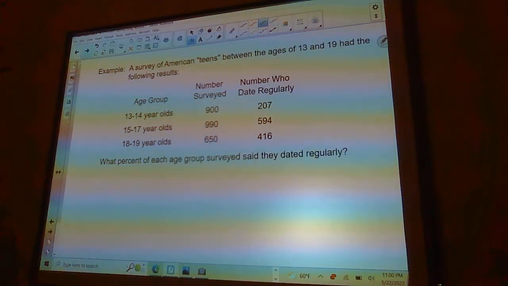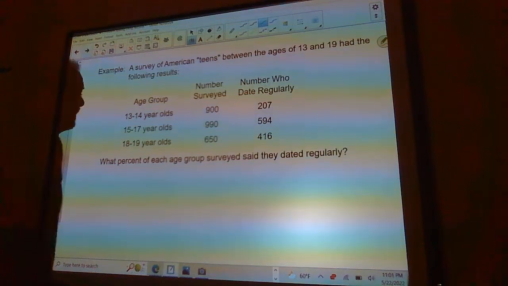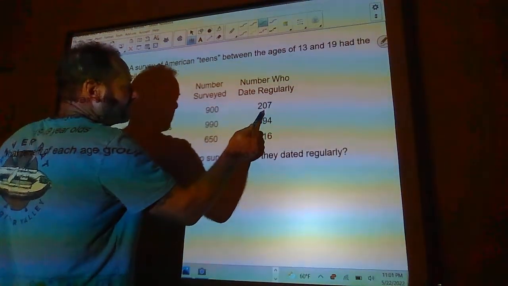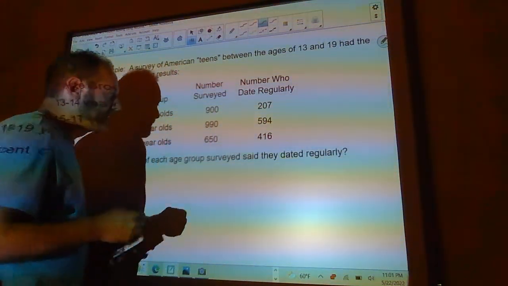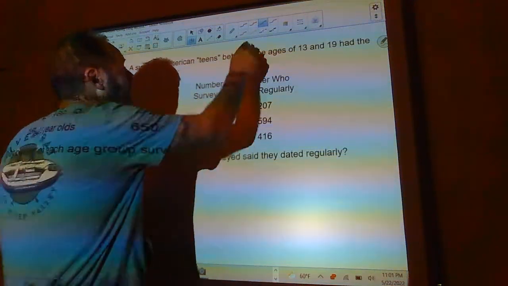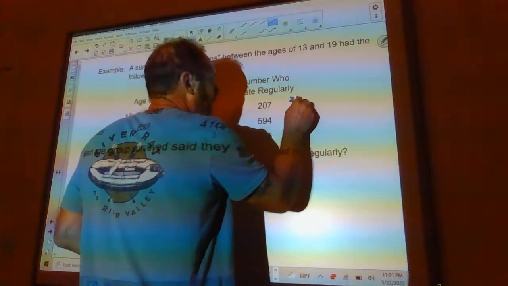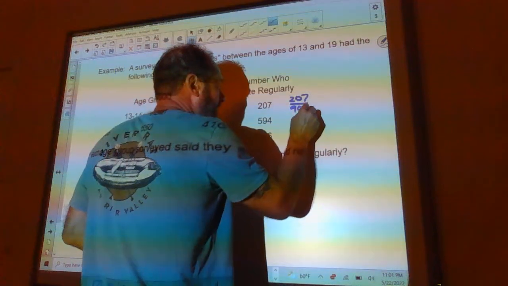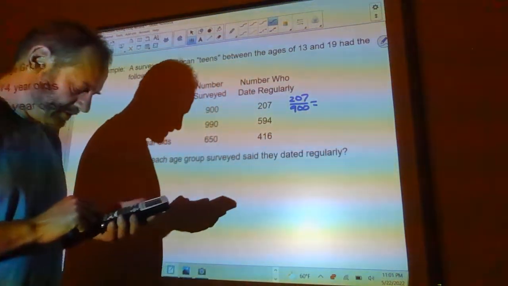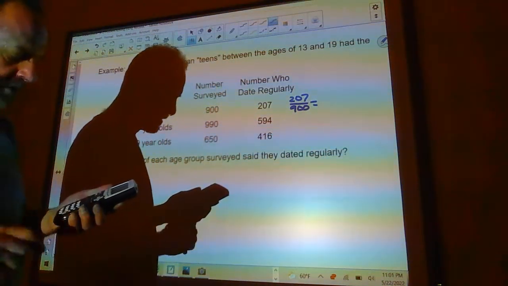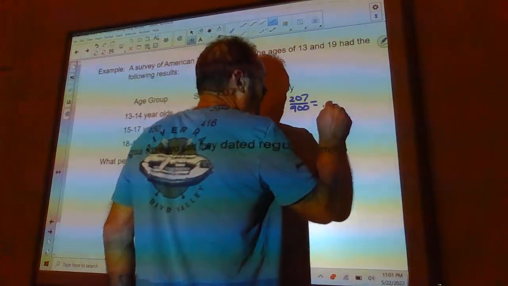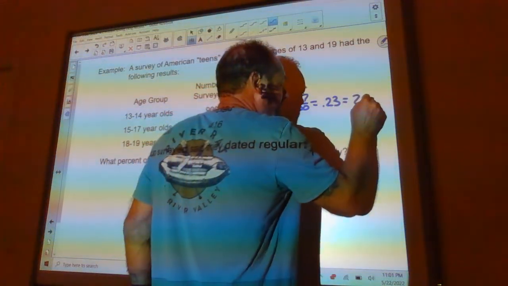What percent of each age group surveyed said that they dated regularly? This is very simple. It's the number out of that many. The first one would be 207 out of 900, so that's 0.23, which is 23%.